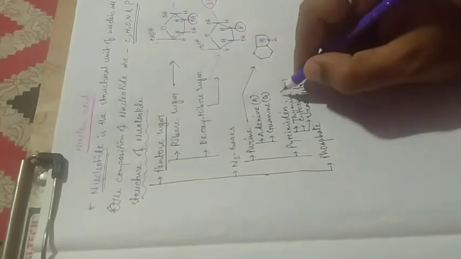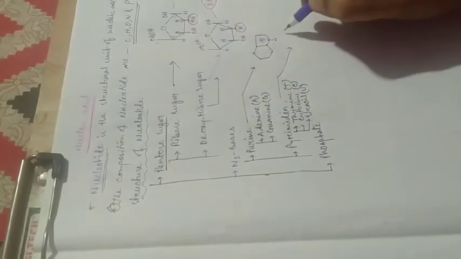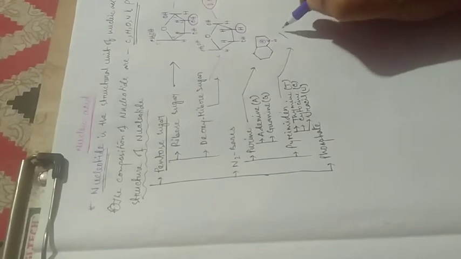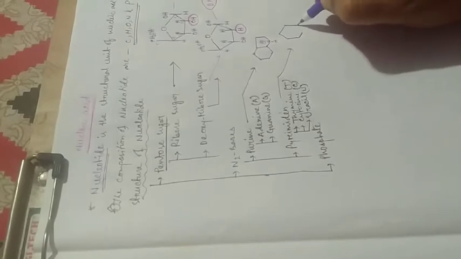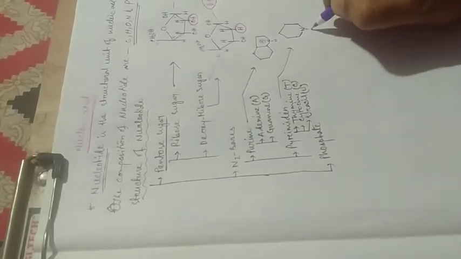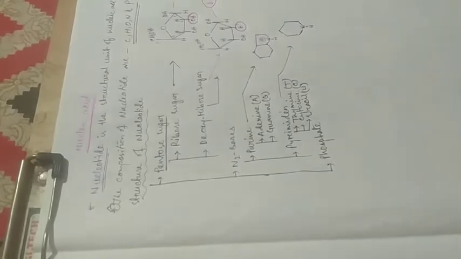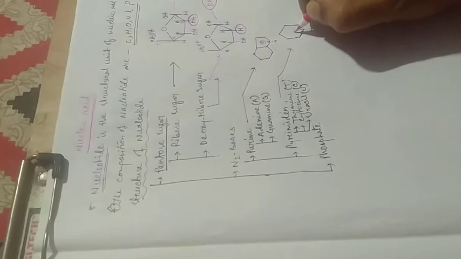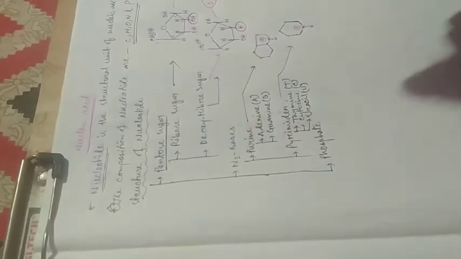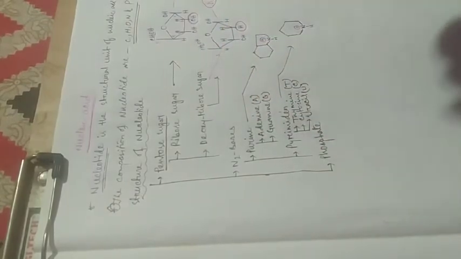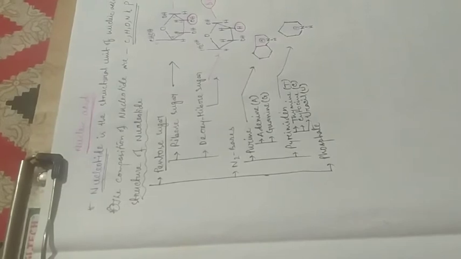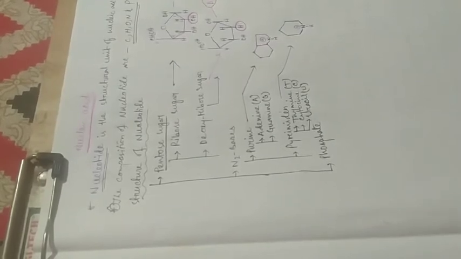And pyrimidine is composed of only a hexagonal structure, and at the first place an NH group is present. So that is the structural difference between the purine and pyrimidine. So here the purine bases are adenine and guanine and the pyrimidine bases are thymine, cytosine and uracil.